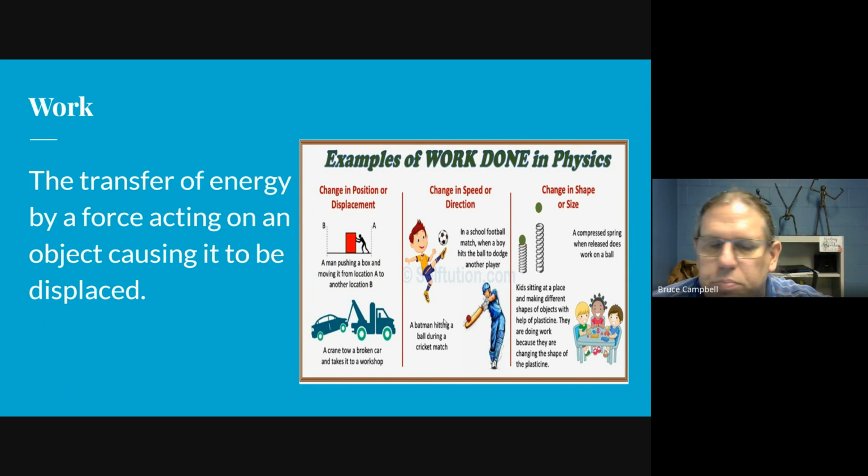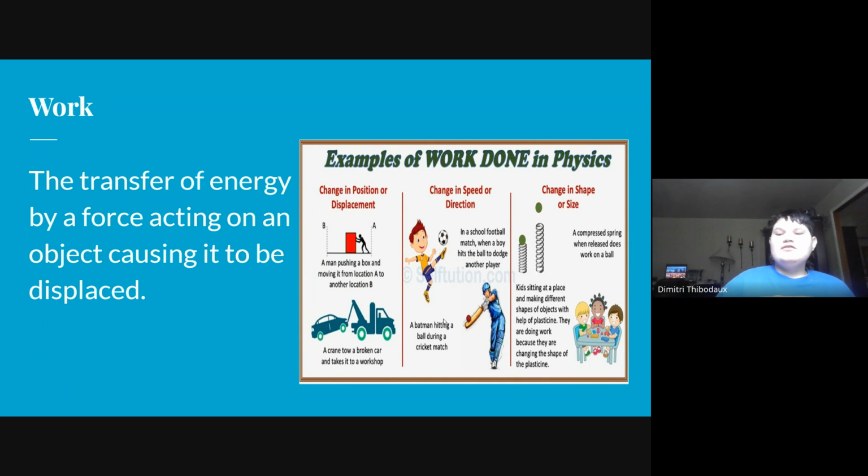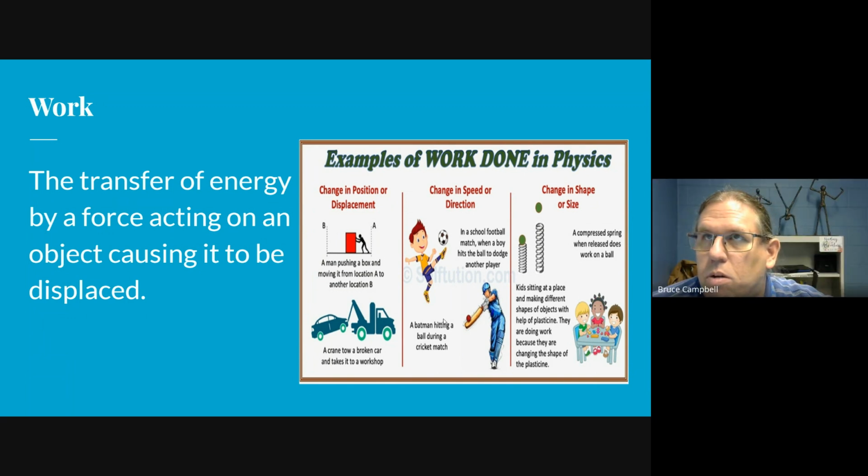Baseball, right? The hitter hits the ball, goes for a home run. He's doing work because he's changing the speed and, in this case, direction. Also, he's changing the velocity of the ball, and he's also accelerating the ball. So a baseball might go in from the pitcher to the batter at, say, 95 miles an hour.